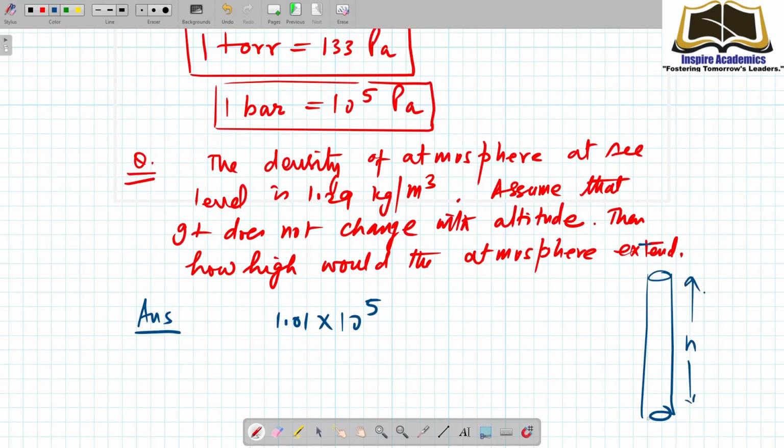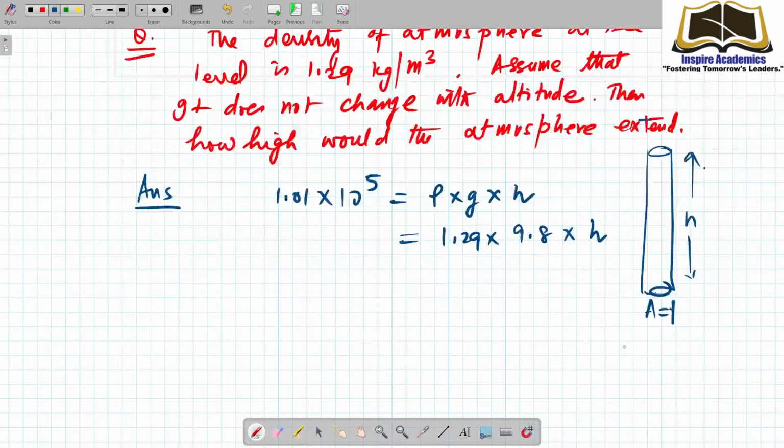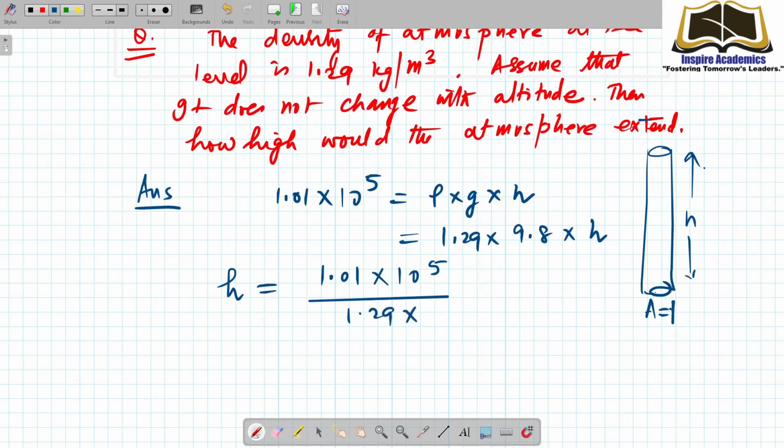And take the area as unit 1. Anyway, it is rho gh, where do you need the area? Rho times g times h, h is what we have to find. So rho's value 1.29 into g's value 9.8 into h. So what will be the height of atmosphere? The height of atmosphere is 1.01 into 10 to the power 5 upon 1.29 multiplied by 9.8.